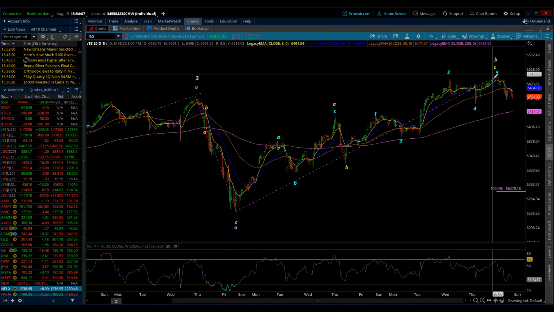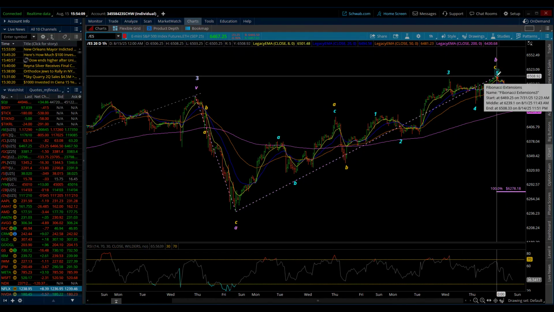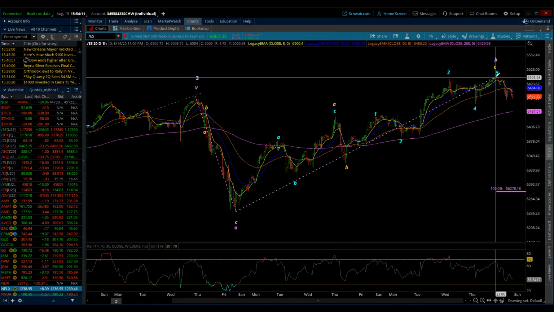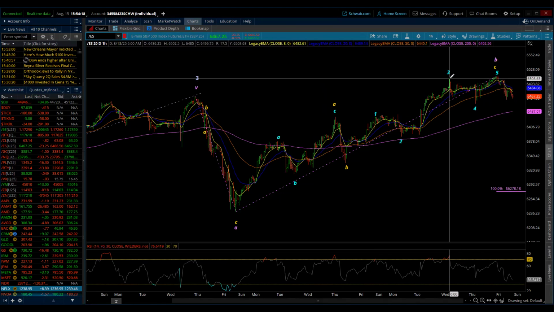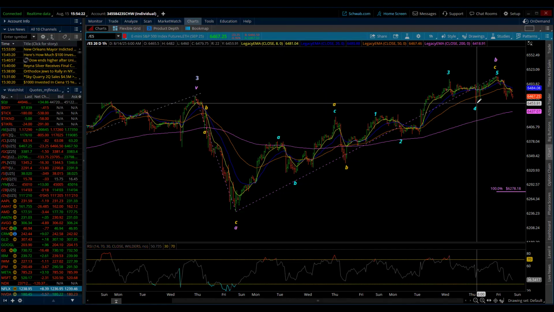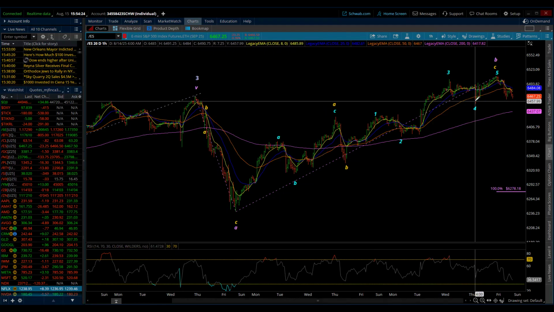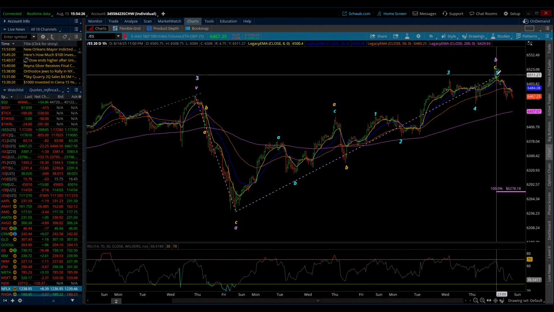But again, I'm feeling that we have finished that B wave. And the S&P did manage to get to an additional high above what it did on Wednesday. So this was PPI, this was CPI, this was PPI, and then overnight it rallied.